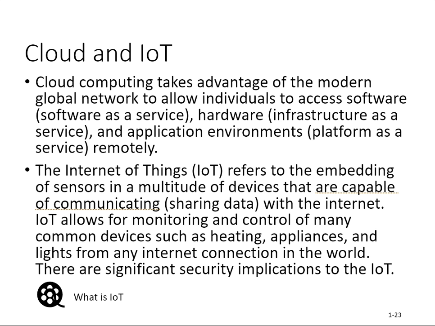We also have a lot of these sensors in vehicles. So the Internet of Things allows for monitoring and control of many common devices. There are significant security implications to the Internet of Things. So watch this video to see what the Internet of Things is.